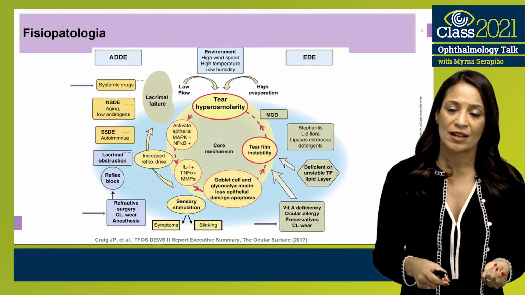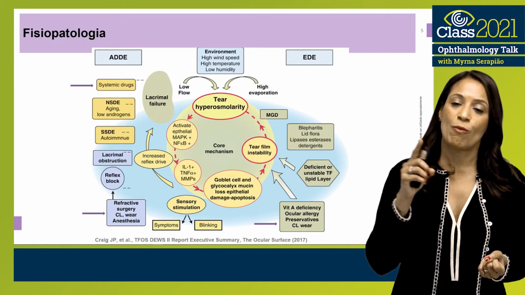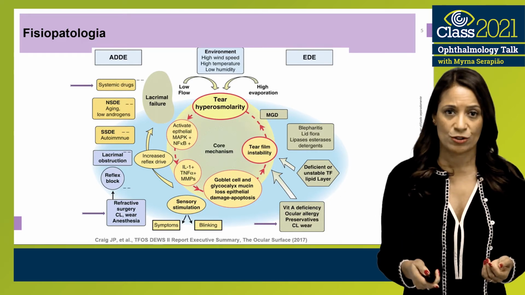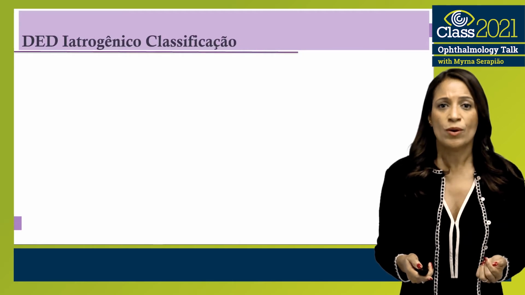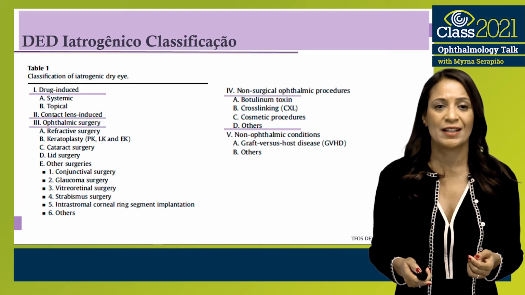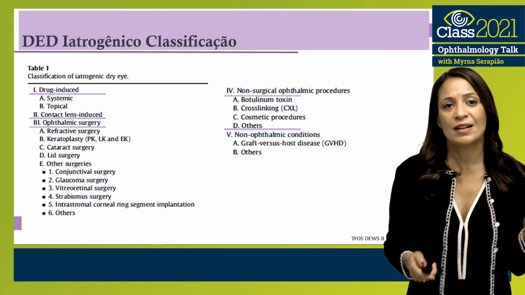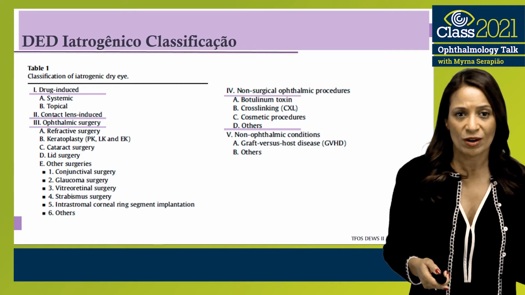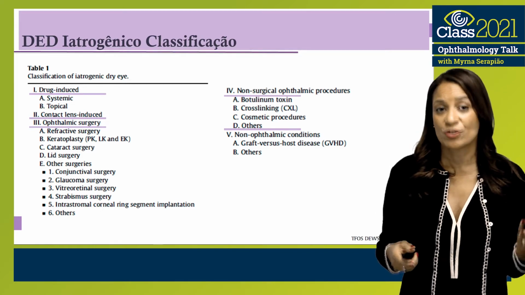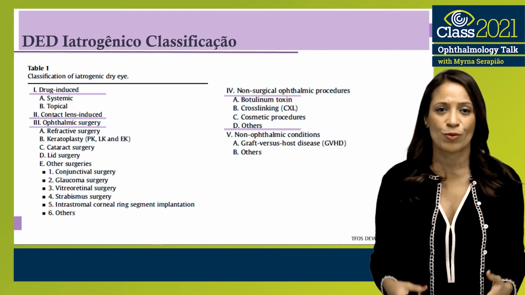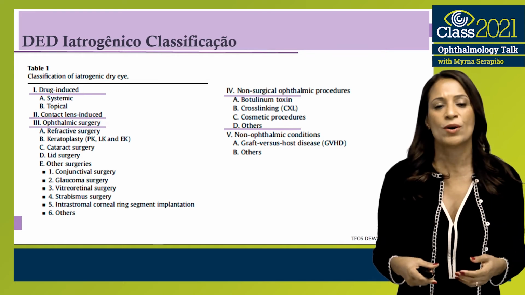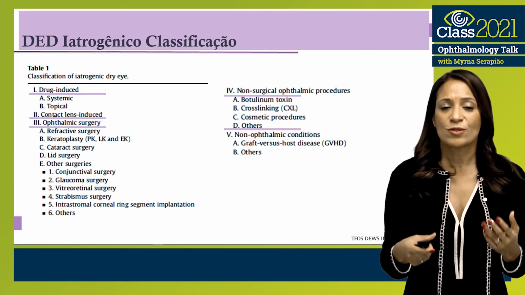Iatrogenic dry eye can be classified into different types. Firstly, we have drug-induced iatrogenic dry eye, which can be due to systemic or topical medications, and contact lens induced, especially important on account of the number of young people and patients who wear contact lenses, or surgery-induced dry eye, such as refractive surgery, corneal transplantation, cataract surgery, eyelid surgeries, and also other surgeries such as glaucoma and vitreoretinal surgeries.